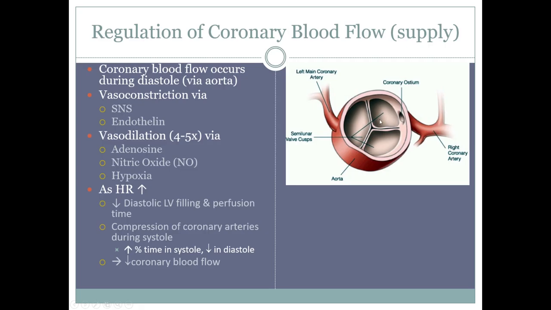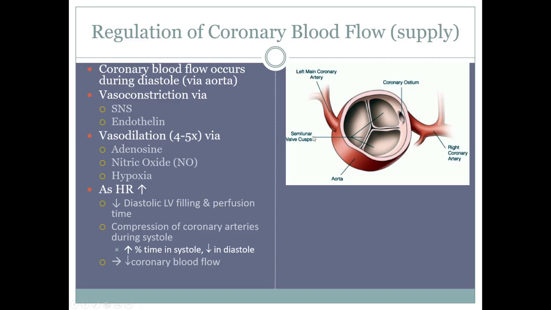And you can see that there's two openings. This is how blood goes from the aorta into the coronary blood vessels during diastole. It goes through these little openings that it can only go through when the blood is pooling here during diastole. Okay? So that's how blood flow goes into the coronary arteries.